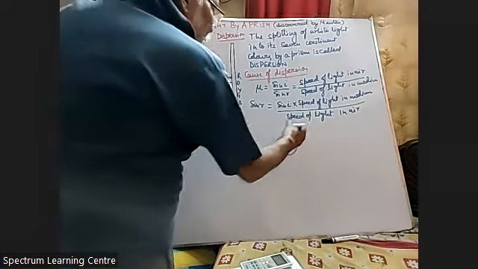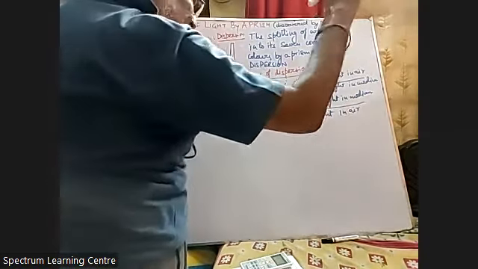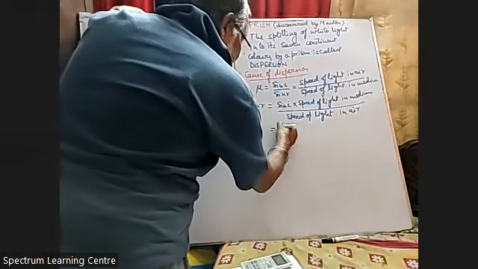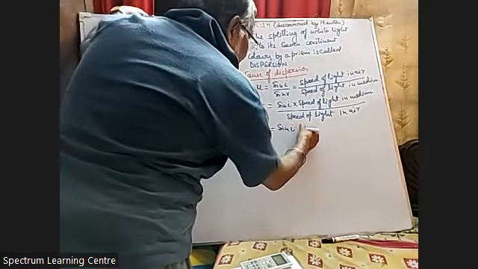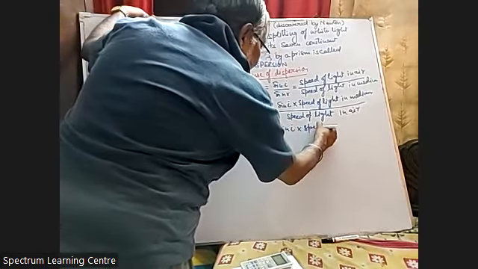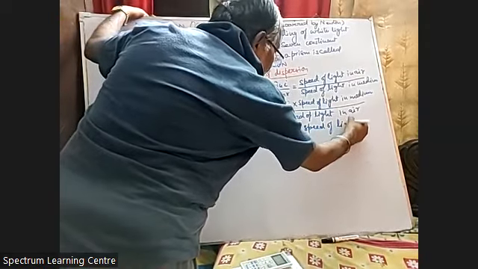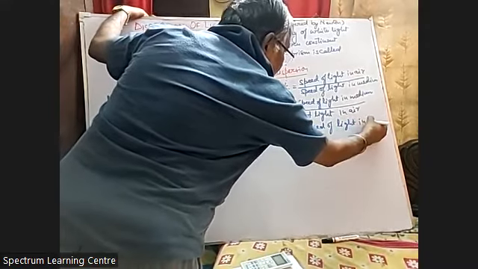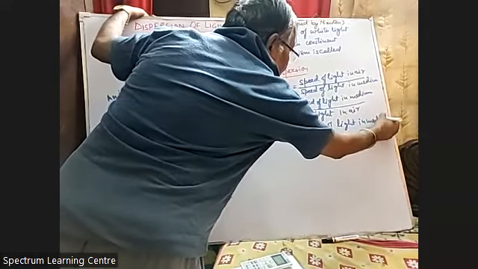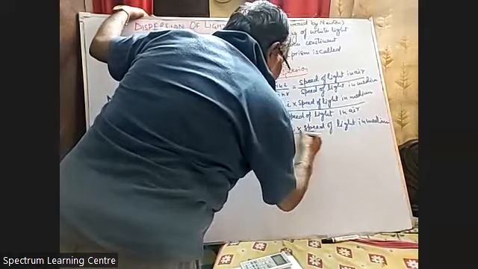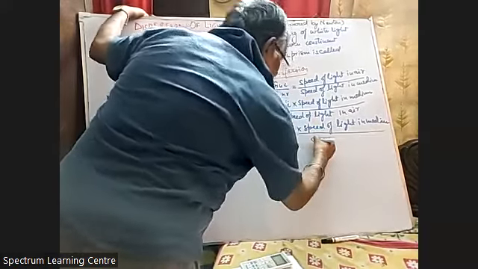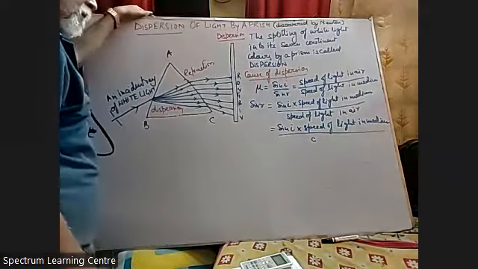Now, we know speed of light in air is a constant. So we can write sin I into speed of light in medium by, we denote it by C. Remember?